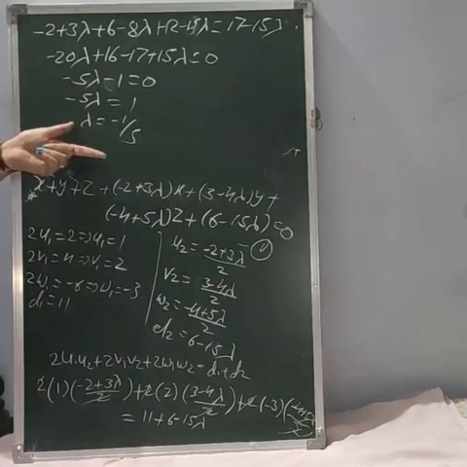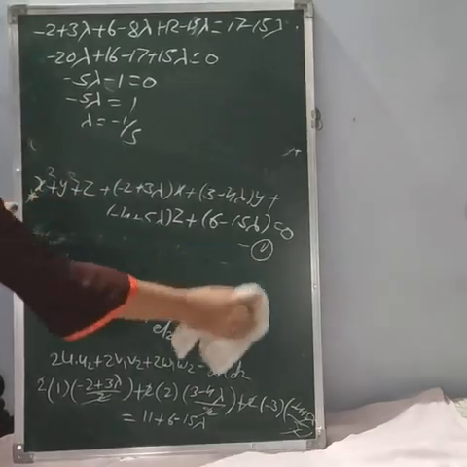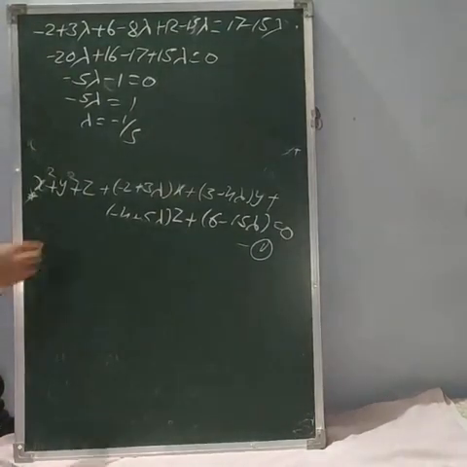So now we have to substitute this lambda value in this equation. Then you will get the required equation of the sphere. Okay, so what is the value of lambda we are having? Minus 1 by 5.